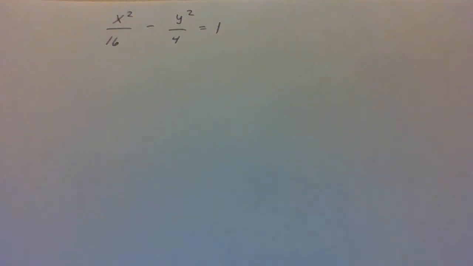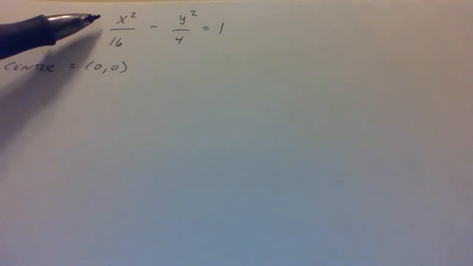Let's take a look at this example, and then we'll take a look at the graph. In this example, we have x squared over 16 minus y squared over 4 equals 1. One of the first things we'll recognize about this hyperbola is that it's going to be centered at the origin.